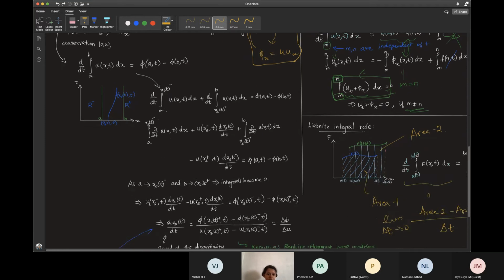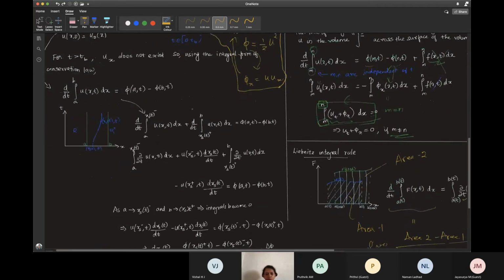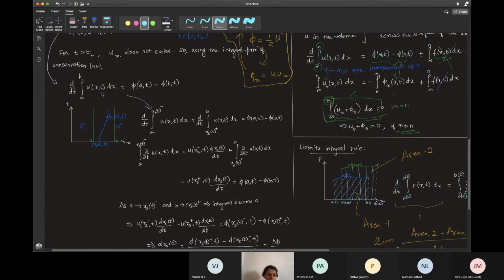So we go to the integral form of the conservation law, which is this one, d by dt of the integral from a to b of u(x,t) equals... So this conservation law is written for this region. So you have a shock wave, which is some characteristic actually.